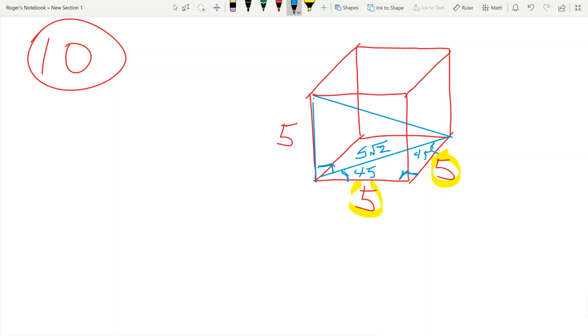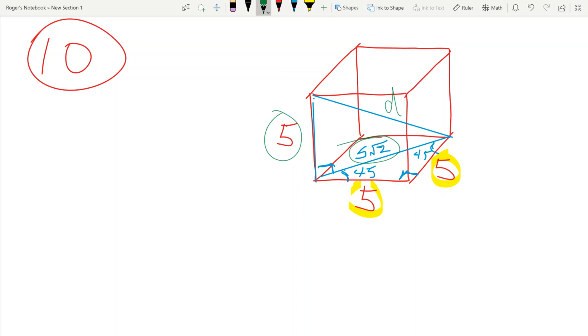Okay, so now we have a right triangle where one leg is 5 square roots of 2. The height is 5. So we have this one, 5 square roots of 2, and then we're looking for the blue diagonal, which I'm just going to label as D. So we're looking for D. So how do we find it?